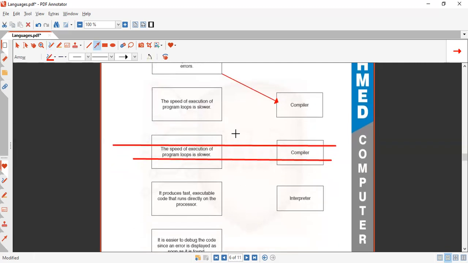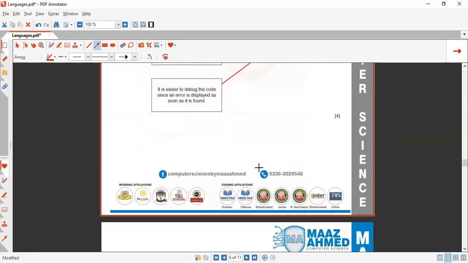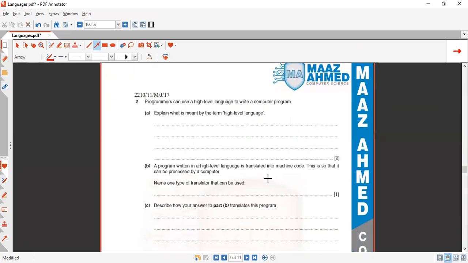Interpreter. It produces fast executable code that runs directly onto the processor. Compiler. Okay, it's easier to debug the code since an error is displayed as soon as it is found. So obviously it's an interpreter. Interpreter. Okay.